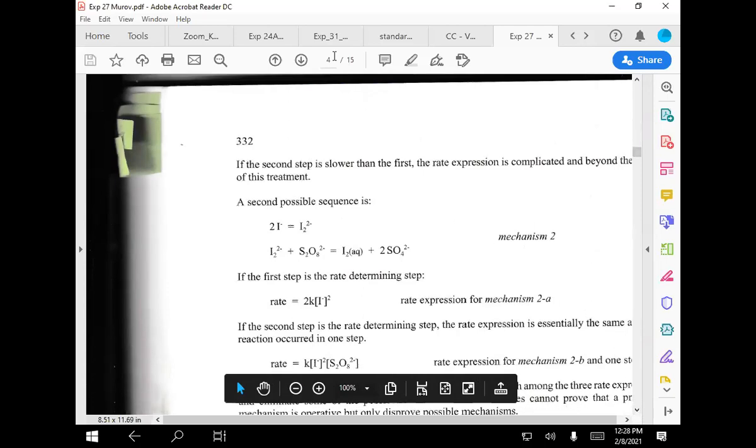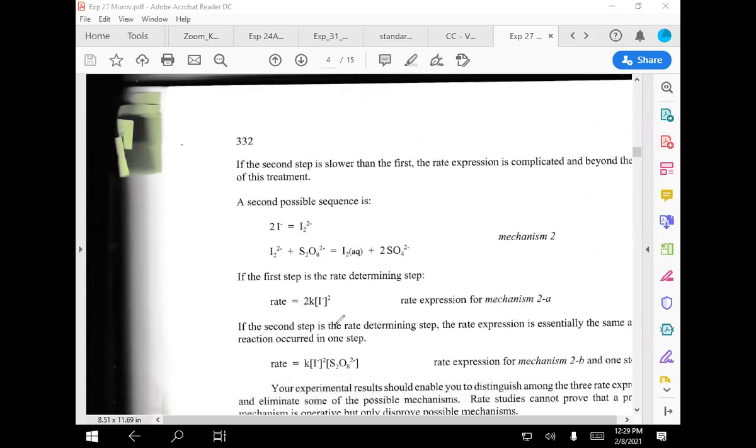They're saying now, if the second step is the rate determining step, so that's this one. If this is the slow step, this is an intermediate.